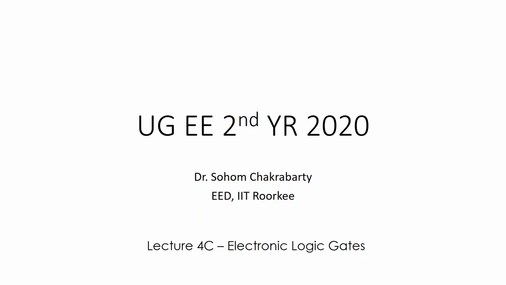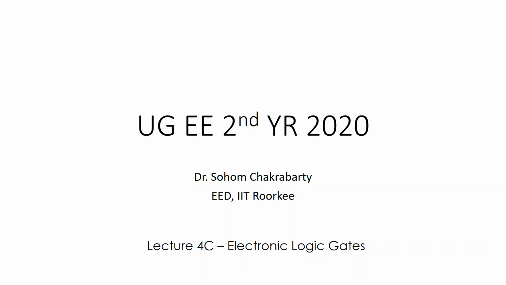But we also discovered a few more operations: the complement operation or the NOT operation, and the NAND, NOR, XOR and XNOR operations, and those operations are called gates. We also came to know the symbols to represent these gate logics.